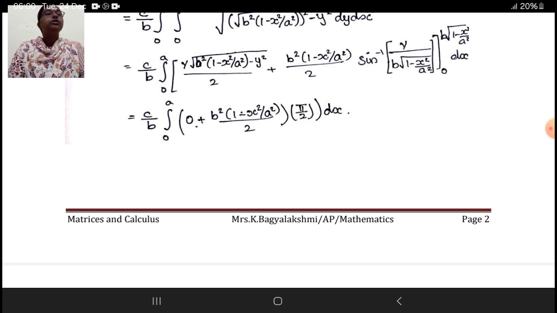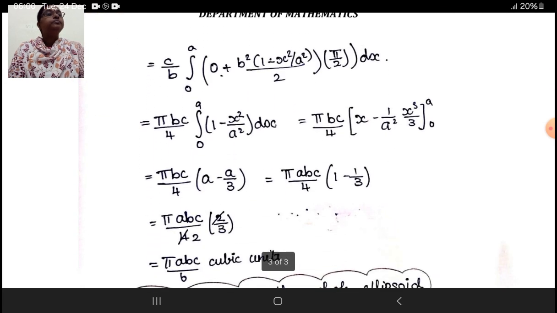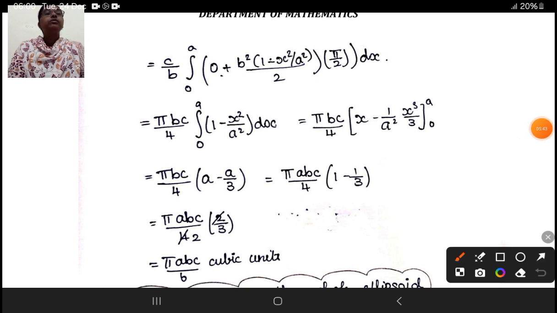Pi by 2 is a constant, so we can take it out. The remaining terms are c by b, the integral from 0 to a, taking out the common terms, of 1 minus x squared by a squared dx. This alone we have.